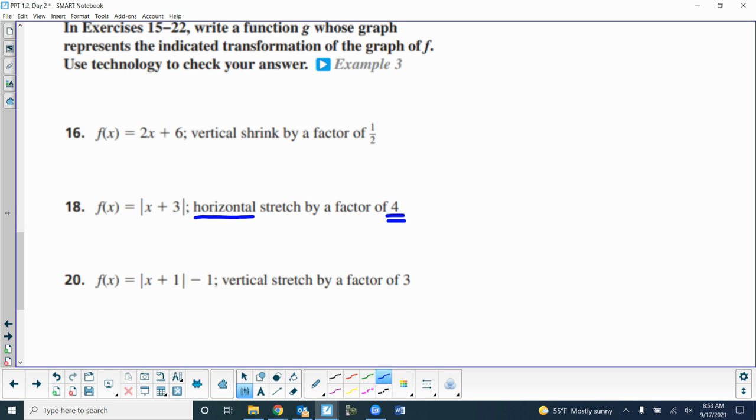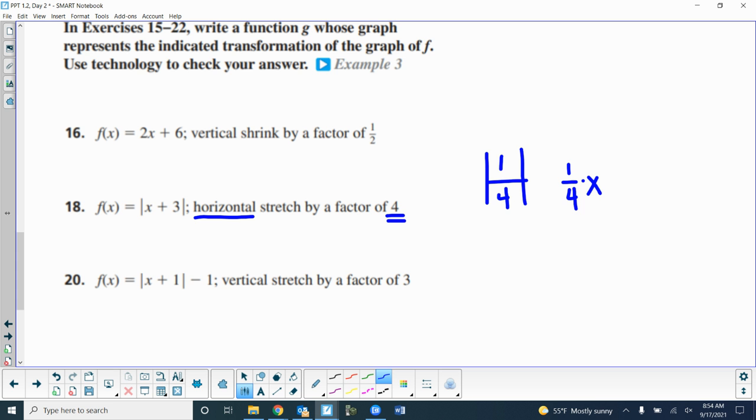The little trick that we were using is a big H because horizontals are harder. It's always 1 over the factor. So then it'd be 1/4 times. When it's horizontal, we're changing our x value, so we're putting it in with the x inside. Okay? So we're good on those? After you looked at mine? I'm looking at them. No questions? I know this is kind of tricky at first.